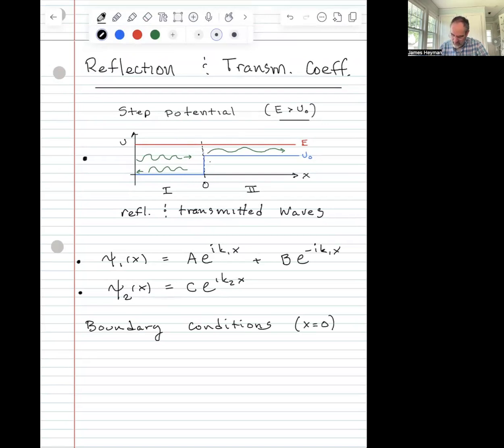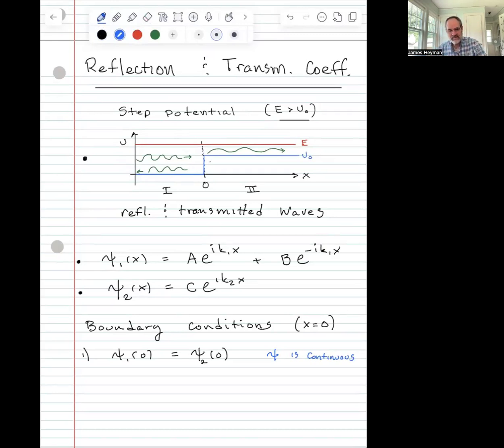Well, the first is that the wave function at x equals 0 must be continuous. And we know this is true because if the wave function were discontinuous, then there would be a point where the wave function suddenly changes, where we would have two values of the wave function at one location.